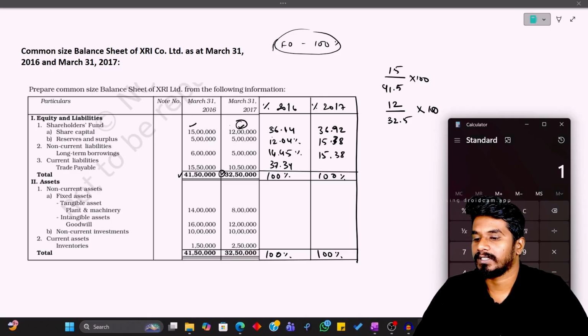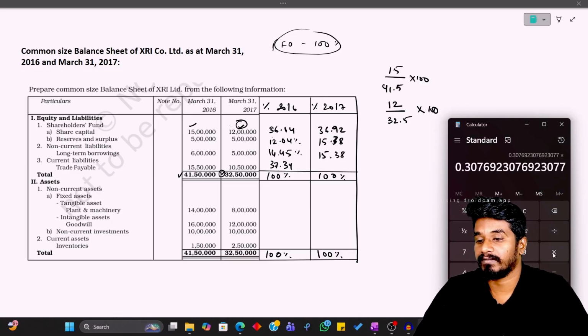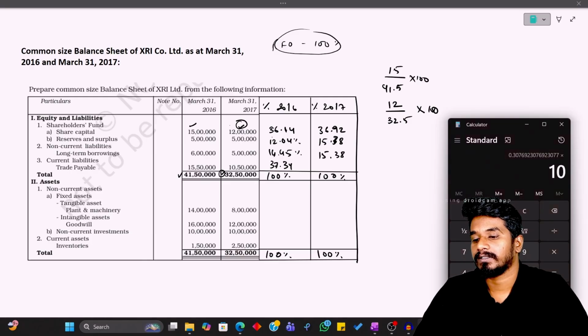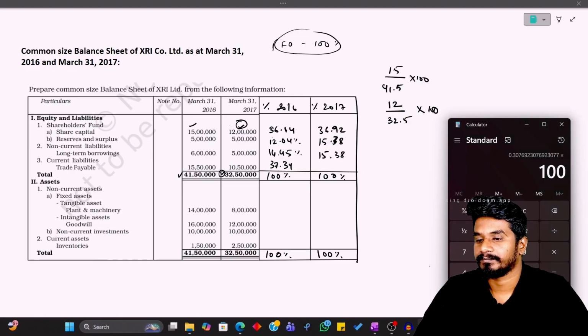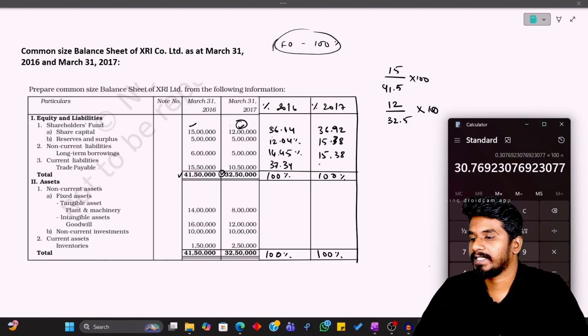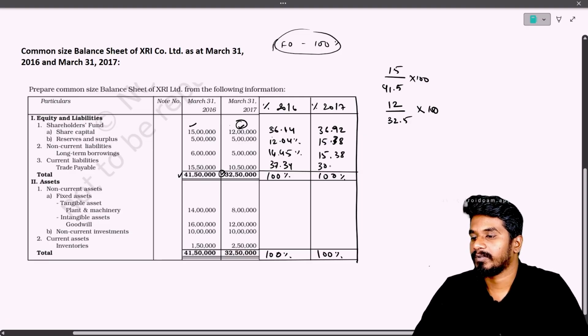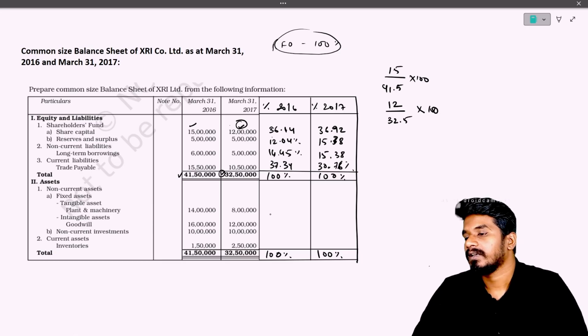And again for 2017, 10 lakhs divided by 32.5 into 100 is 30.76 percent. The same thing for assets also.